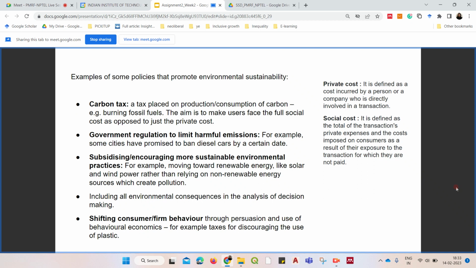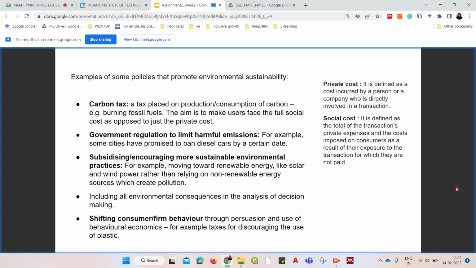So I'll give you an example. In many of the cities in Western countries, there are now a lot of subsidies and tax benefits if you use renewable energy like solar power or wind power for heating and such purposes. So that is one example.